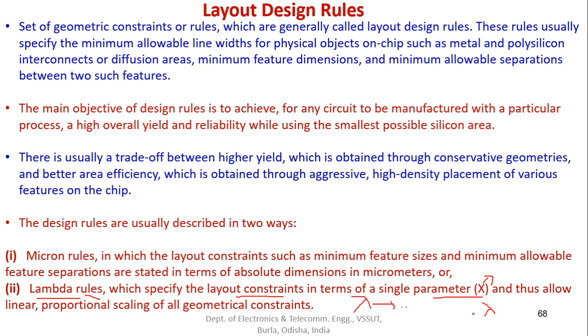It's just a matter of understanding, and thus it allows linear proportional scaling of all geometrical constraints. So one advantage of lambda rules over micron rules is that all the dimensions will be simple multiples of lambda, and hence all the dimensions will have some relation to each other, and that relation would be a simple linear relation.